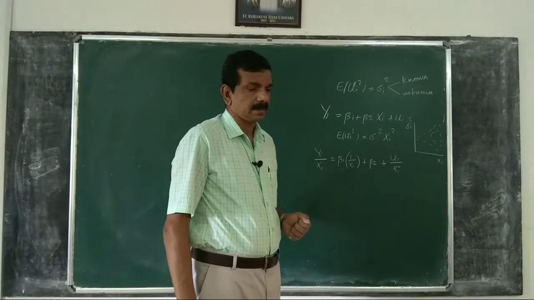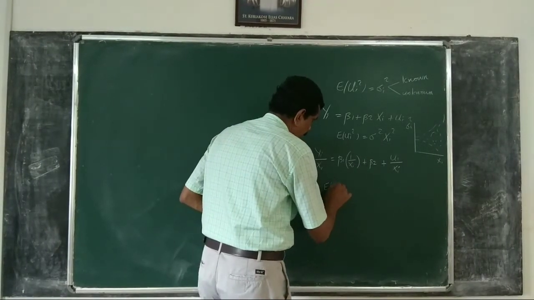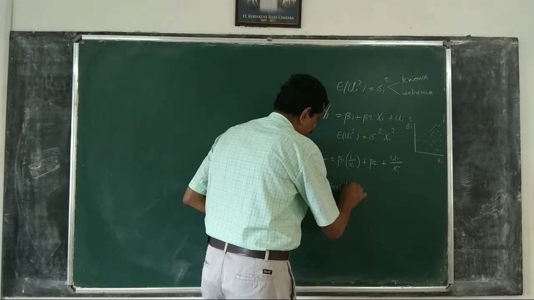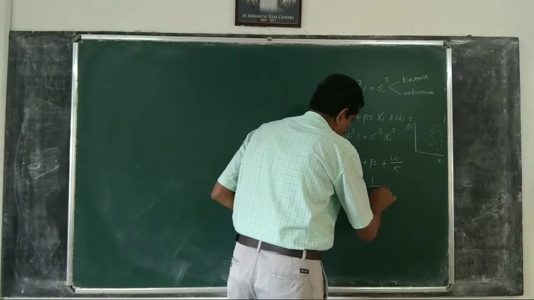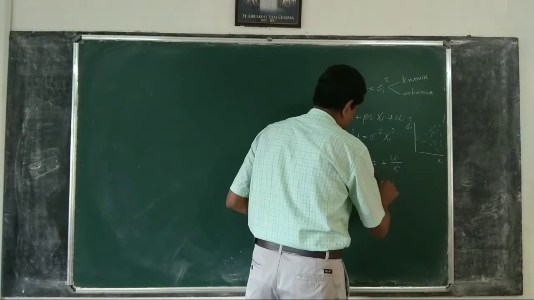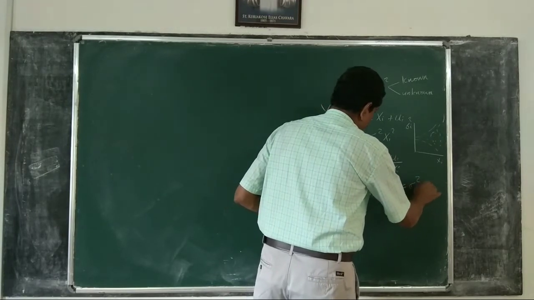Now, what is the variance of ui by xi? It is 1 by xi square into the variance of ui, sigma square into xi square, which is equal to sigma square.